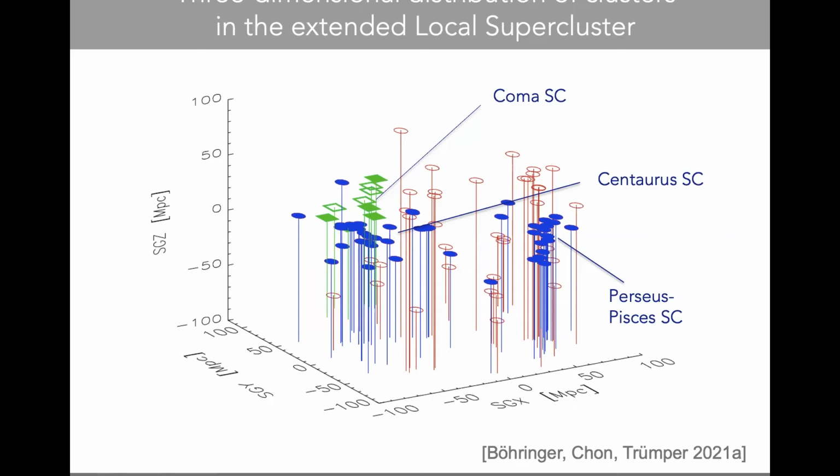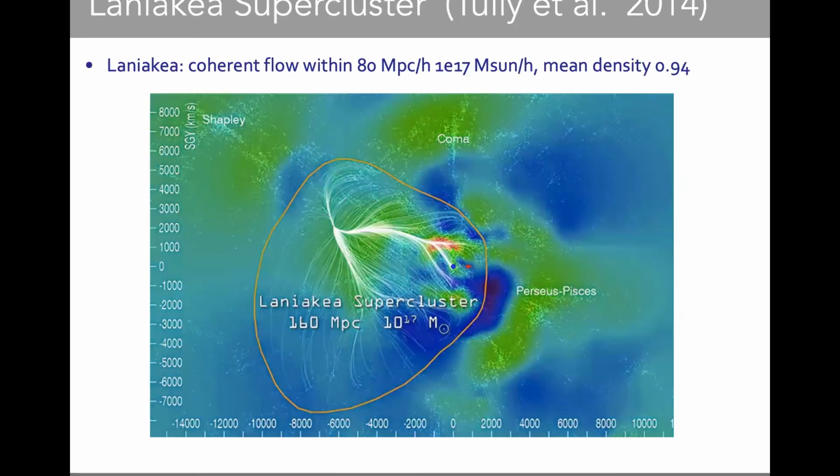Centaurus is completely embedded in the supergalactic plane, and Perseus-Pisces, that sits over here, is also very well embedded. So actually, these two structures, Centaurus and Perseus-Pisces, make up most of the matter in the supergalactic plane. So this pancake is actually a structure in itself, in the form of these two superstructures that are embedded in the pancake.